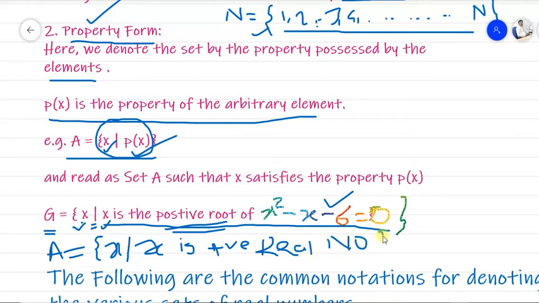So A is the set of x such that x satisfies the property that x is a positive real number. This is an example of a set represented in the form of a property.